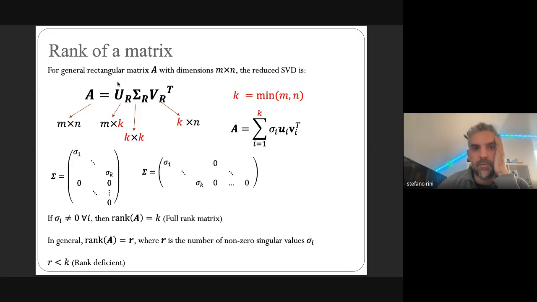For a general rectangular matrix A with dimension M times N, there is the reduced SVD. Remember this formulation: M times K, K times K, K times N. If you have some eigenvalues that are equal to 0, then you can further reduce this object to the rank. You look at this diagonal structure, see how many entries are different from 0, and declare that to be your rank. So you can further reduce the K to be the rank.